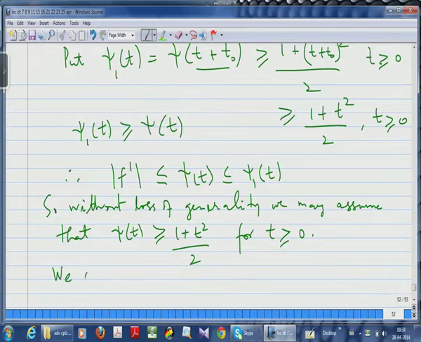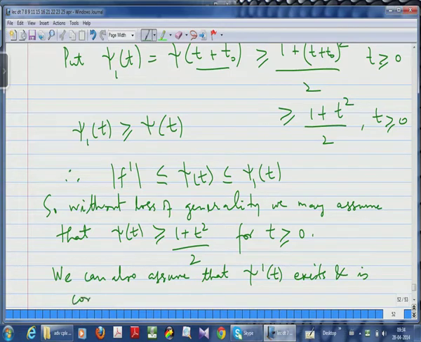So we can also assume that psi dash of t exists and is continuous. This is the same as saying psi is C1, a continuously differentiable function.